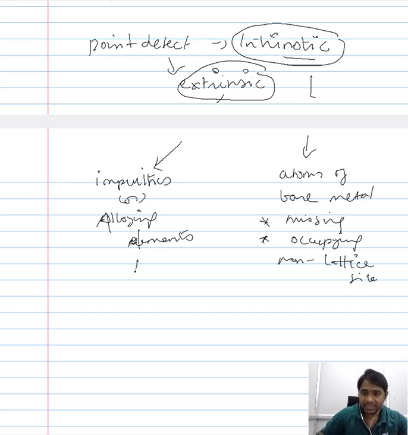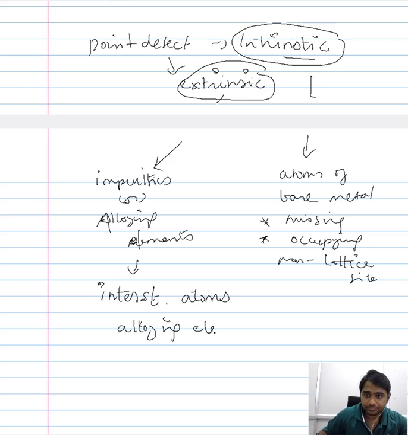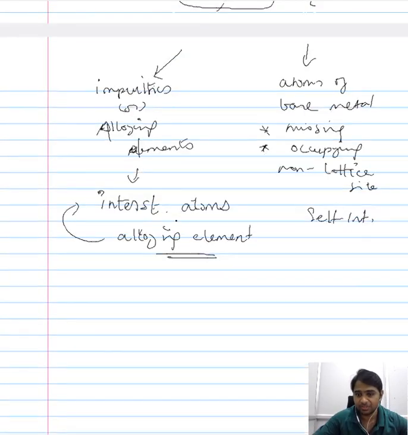So the interstitial atoms in case of the extrinsic point defects would be alloying element atoms. So in case of intrinsic, it will be self-interstitial. In case of extrinsic, it is the alloying elements that occupy the interstitial position.